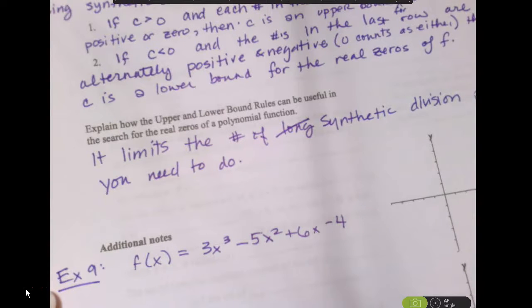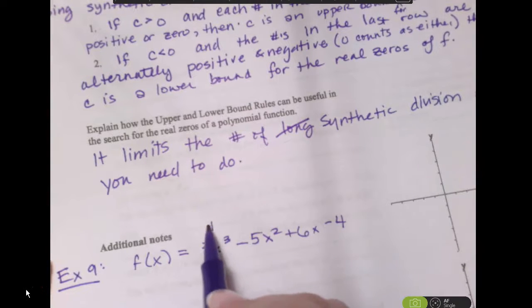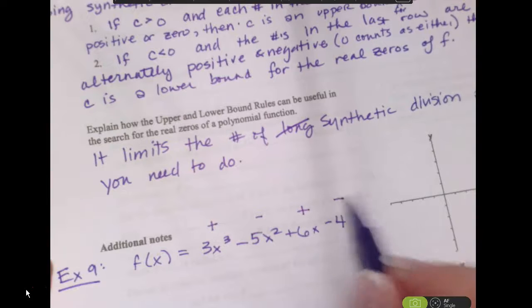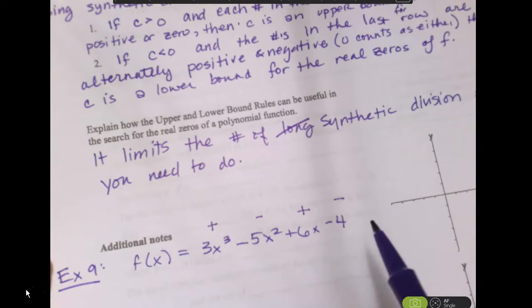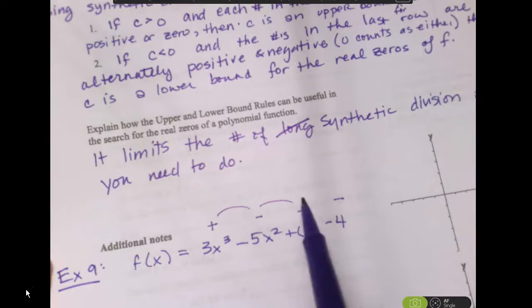So we're going to look at how many times the sign changes. So this one's positive, this is negative. Positive, negative. So we have 1, 2, 3 sign changes of f of positive x.